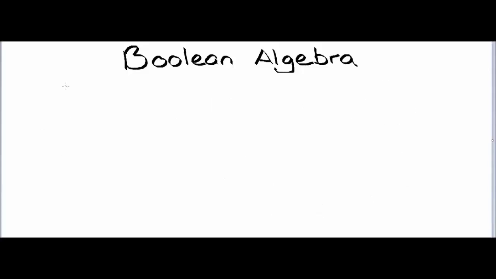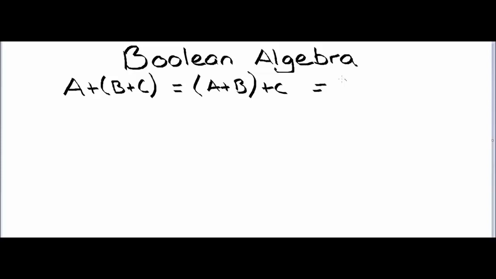Okay, this is where it starts to get a little bit ridiculous. They're getting even longer. So A plus B plus C equals A plus B plus C, which also equals A plus B plus C. Okay, so if we say that A is going to be 1 and B can be 0 and C can be 1, then we can put those in just to make it look less like English and more like maths.